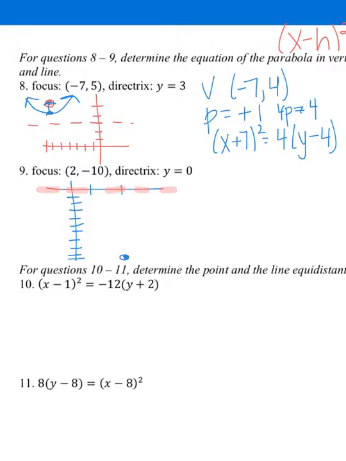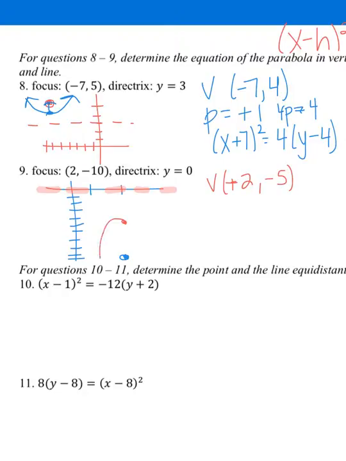If I count in the middle, there's 10 spaces, so halfway will be 5. So that point will actually be right about here. The vertex is (2, -5).